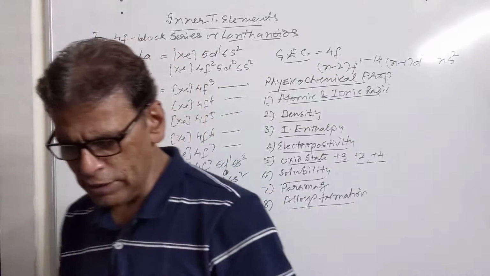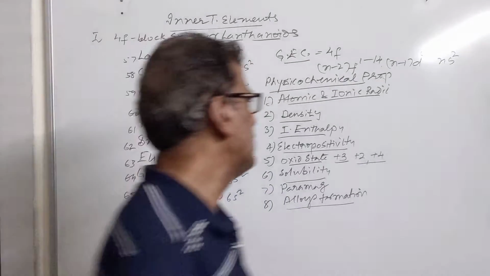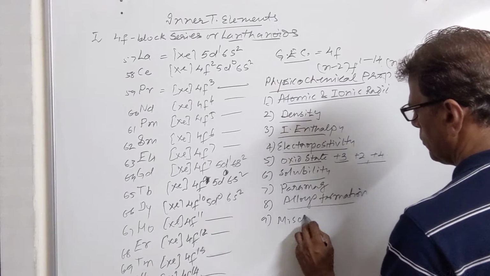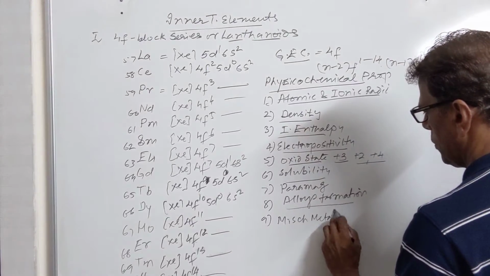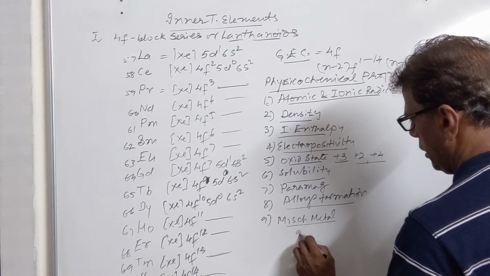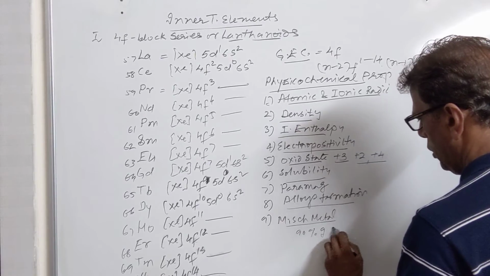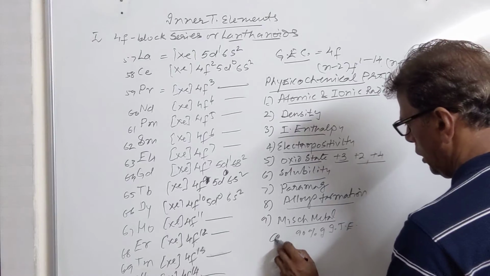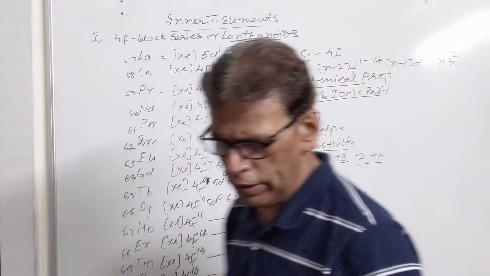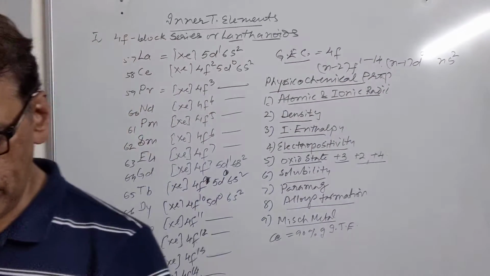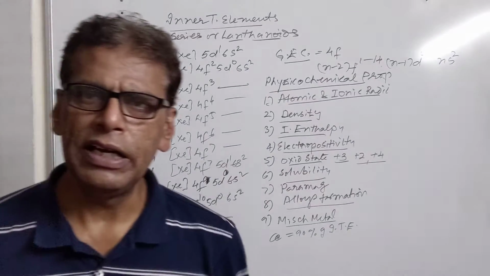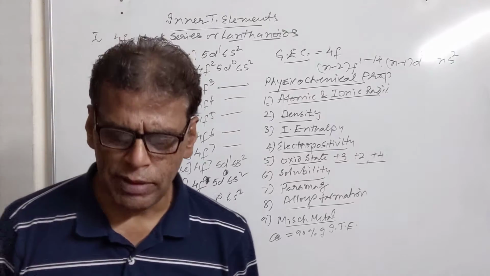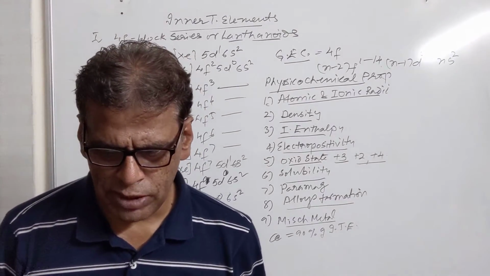One of such alloys is Misch metal. It contains 90% of inner transition element, that is generally cerium. Along with that, it has 4 to 5% iron and 0.5% impurities of carbon, sulfur, calcium, aluminium.